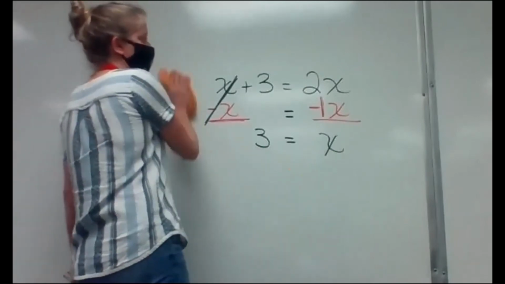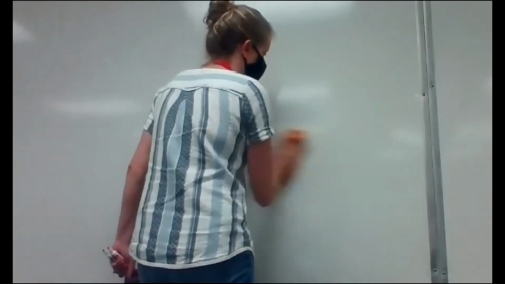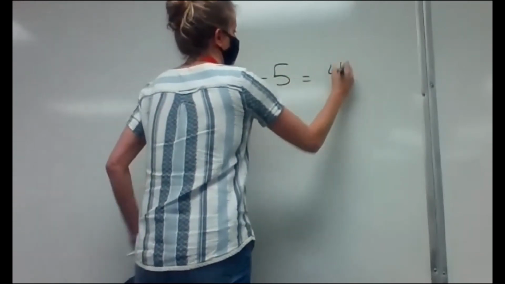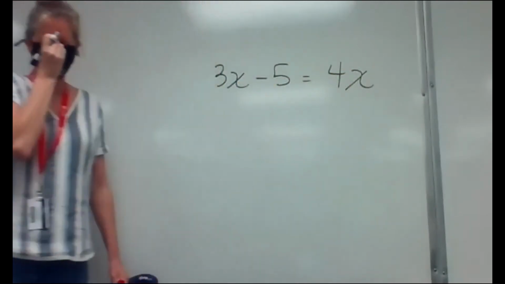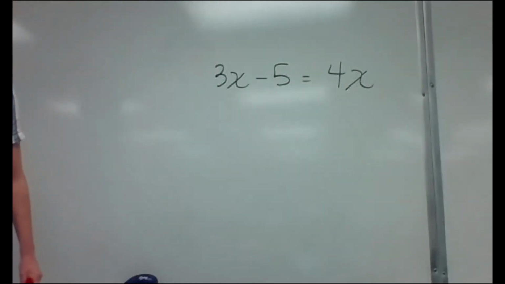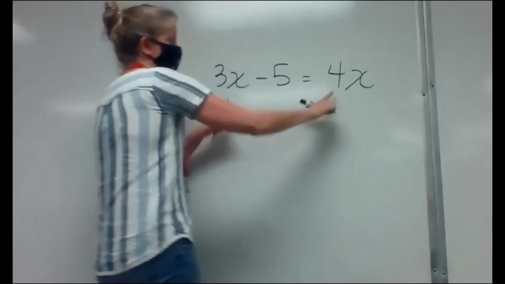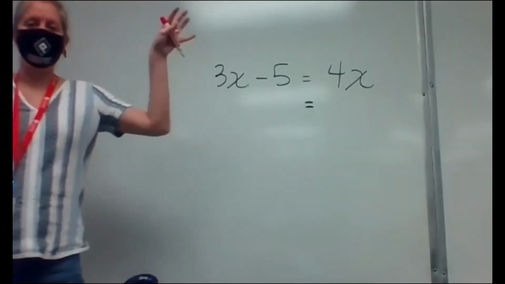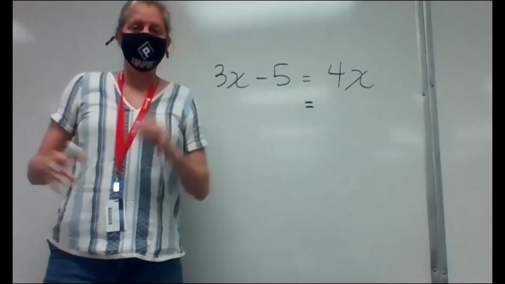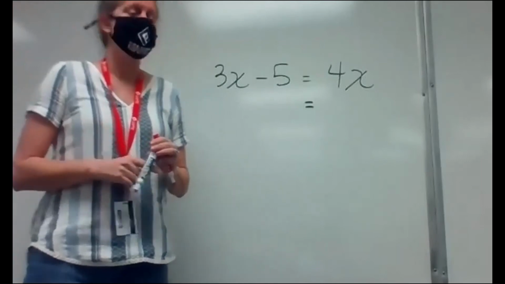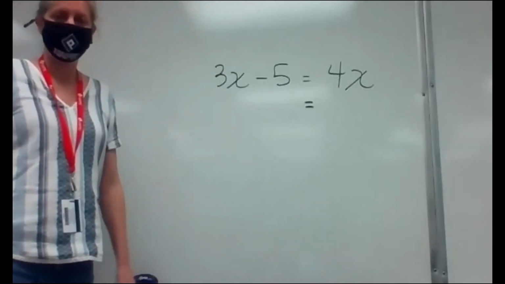6 and 7 are very similar to each other, but they do have fractions. So before we get that, let's do this. There's my equal symbol. My x's are on both sides, which tells me to cancel out the smallest x. The smallest one is the 3x.